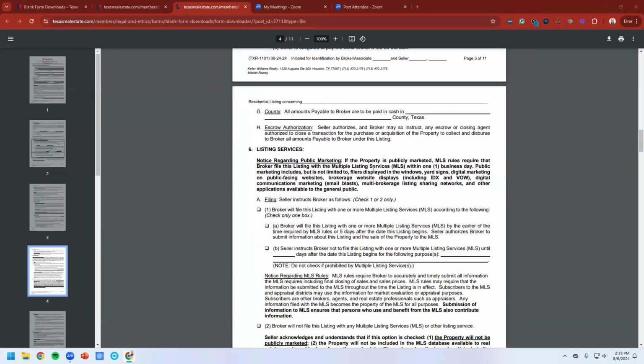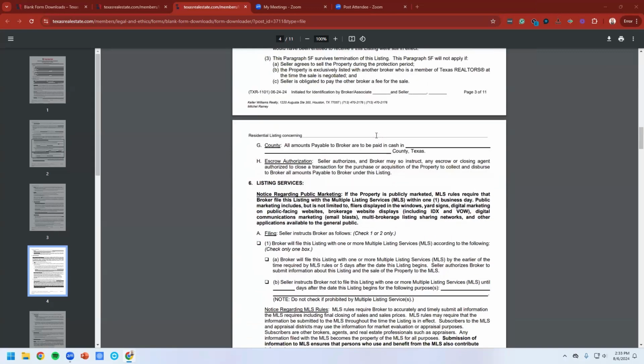So if I pay for a stager upfront, I can put that exact amount in there to be reimbursed. You could do that. So the judge said if she pays for a stager, you could make that a reimbursable expense.